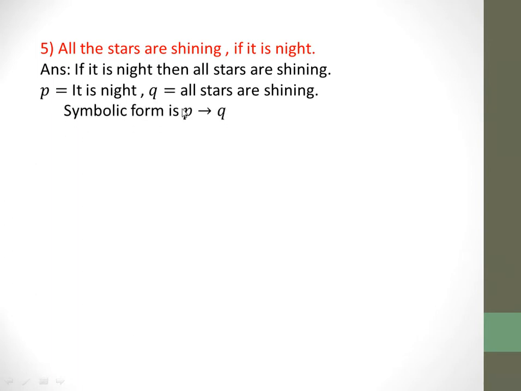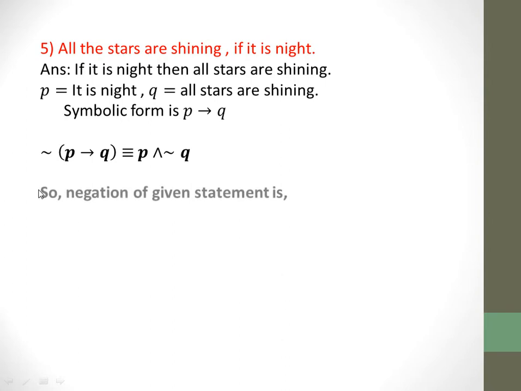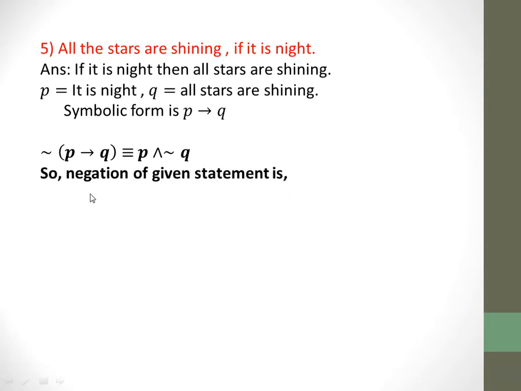See the symbolic form, that is P implies Q. Again the same: negation of P implies Q is equivalent to P and negation Q. As per this rule, the negation of the given statement is: we write P as it is, then "and", and then negation of Q. Now Q is "all stars are shining", and as it is a quantified statement, all becomes some: stars are not shining.